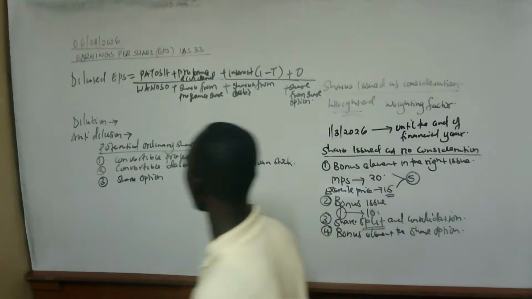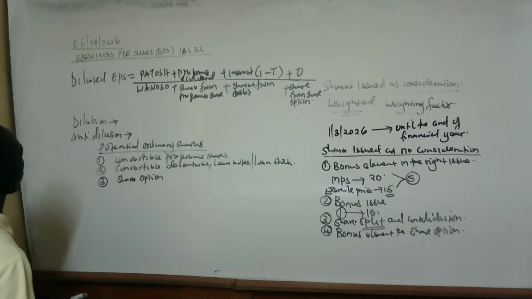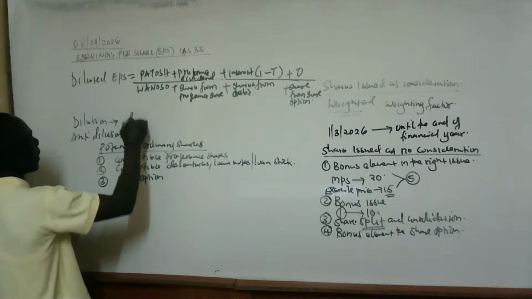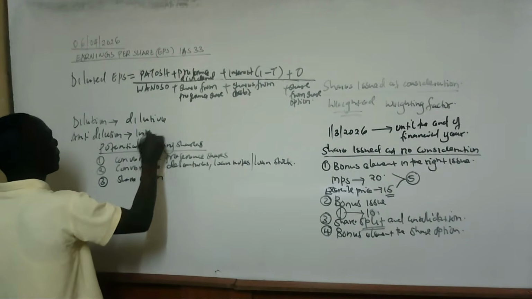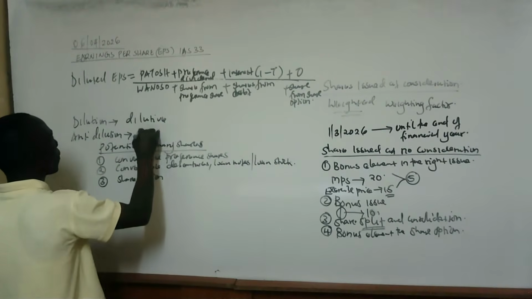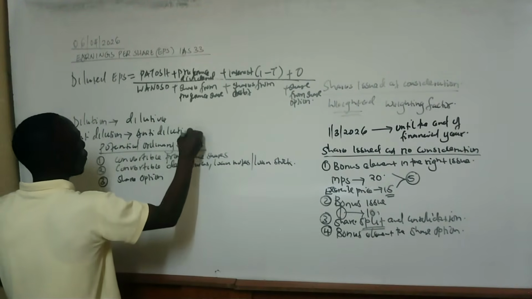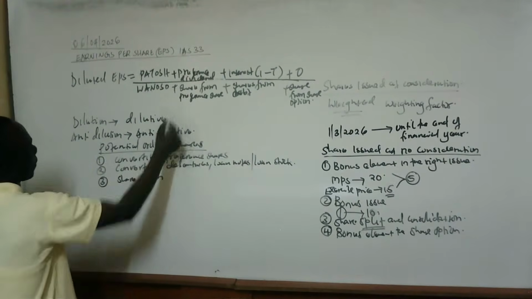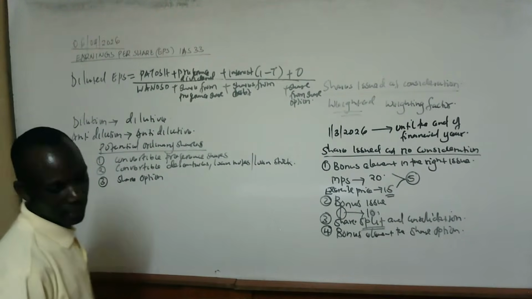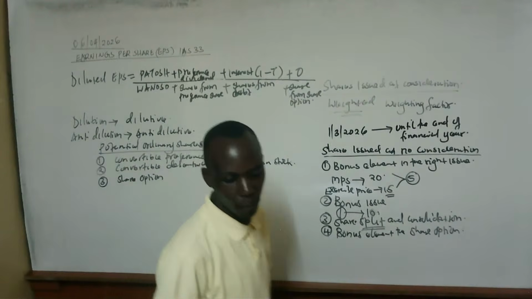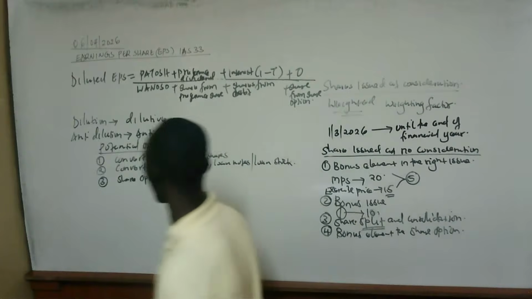After knowing the potential ordinary shares, how can we know whether the shares are dilutive or anti-dilutive? How can you know whether these potential ordinary shares are dilutive or anti-dilutive? By computing the incremental EPS.